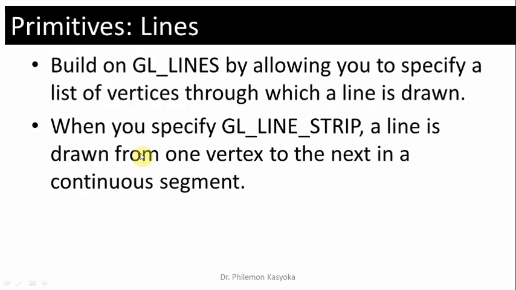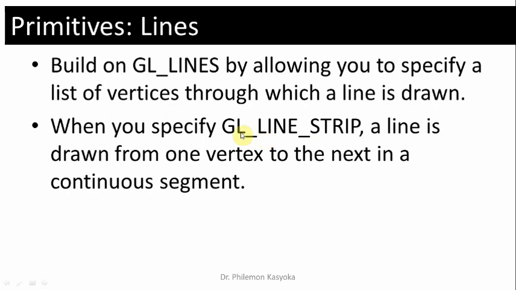Now, what about working with primitive lines? We're going to write that code, don't worry. So what about working with primitive lines? Working with primitive lines, we build on GL_LINES by allowing you to specify a list of vertices through which a line is drawn. So when you specify GL_LINE_STRIP, a line is drawn from one vertex to the next in a continuous segment.